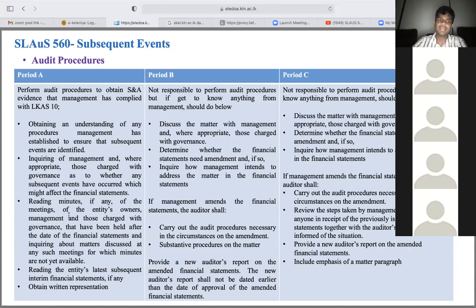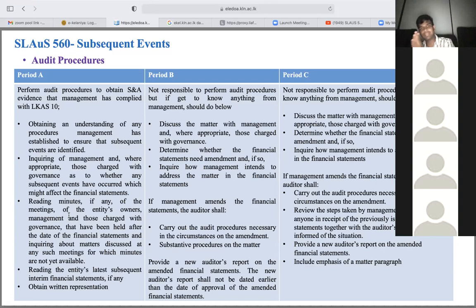We can review the meeting minutes, we can inquire with the management, we can obtain an understanding of the things that happened, we can read the entity's latest interim financial statements, and we can obtain written representation. These sorts of audit procedures can be done because we are still not giving the auditor's report, right?